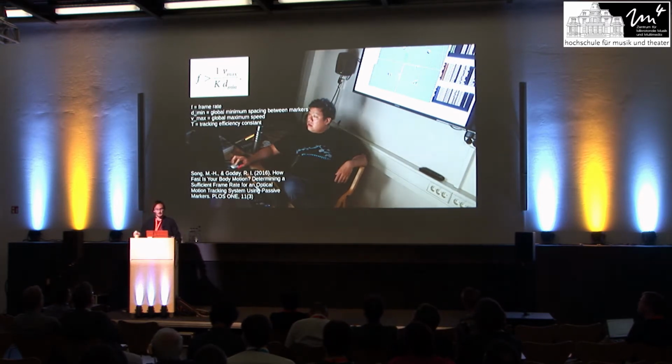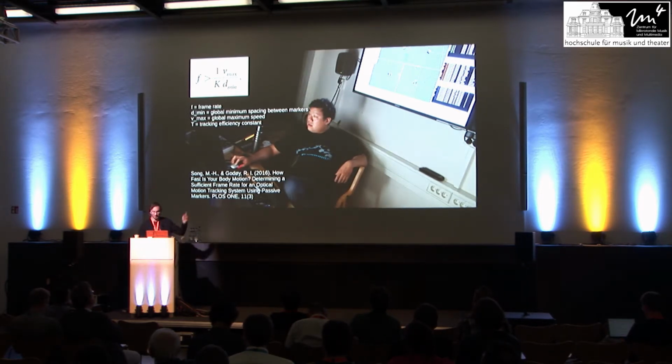So you can determine the frame rate that you should use for your system based on the global minimum spacing between the markers that you expect, the global maximum speed of motion that you expect, and a tracking efficiency constant, which is constant for each individual motion capture setup. We have both the Qualisys system and several OptiTrack systems, and they have different tracking efficiency constants.